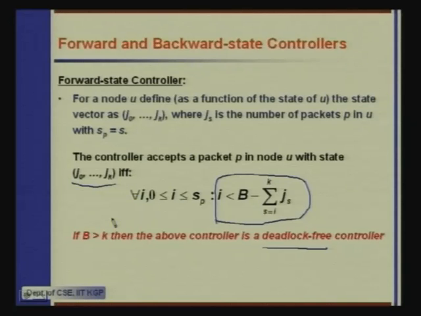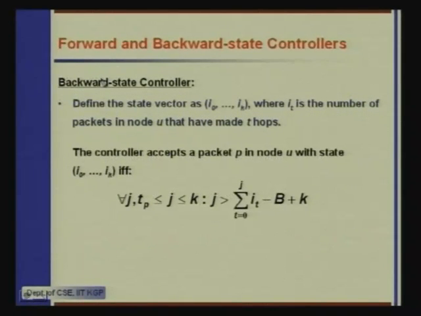There is a variant of this called the backward state controller, where the state vector is different, where we say that the state vector is I0 through Ik, where It is the number of packets in node U that have made T hops. Just like we had forward count and backward count controller, we have forward state and backward state controller.